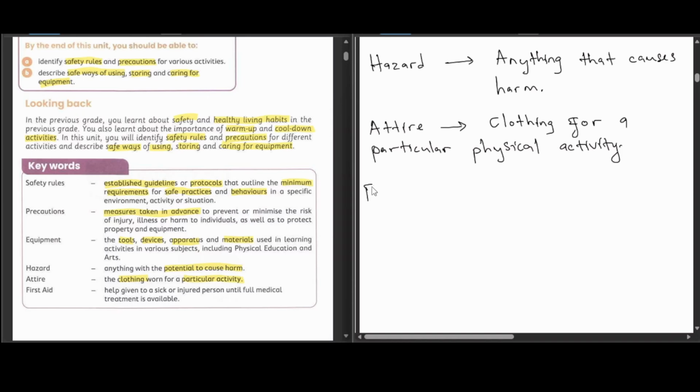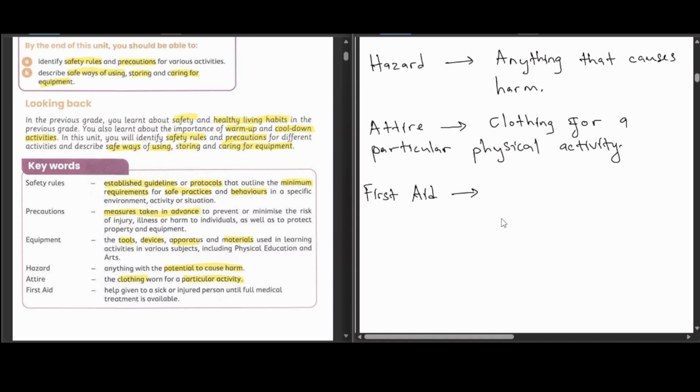Then lastly, first aid. First aid is the help given to a sick or injured person until full medical treatment is available. Saka first aid ndeyekuti full medical treatment isati yava available.